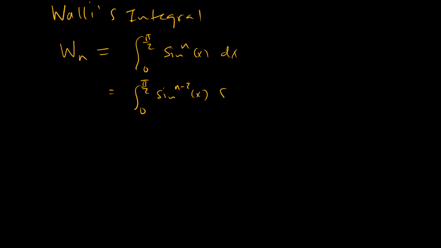If you have our integral Wn such that it's the integral from x equals 0 to pi over 2 of sine to the n of x, this is the same as the integral where we can divide it so that it's sine to the n minus 2 times sine squared x, and we know that sine squared x is the same as 1 minus cosine squared of x.